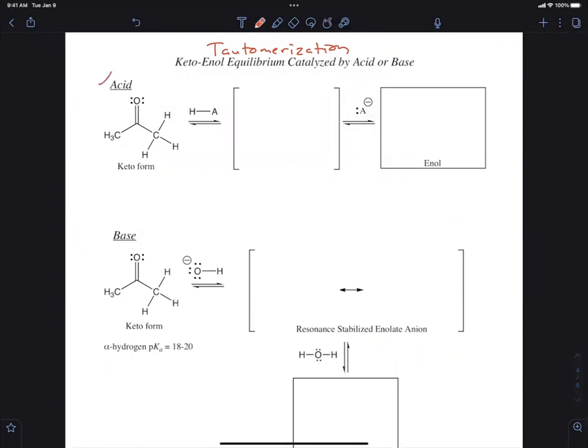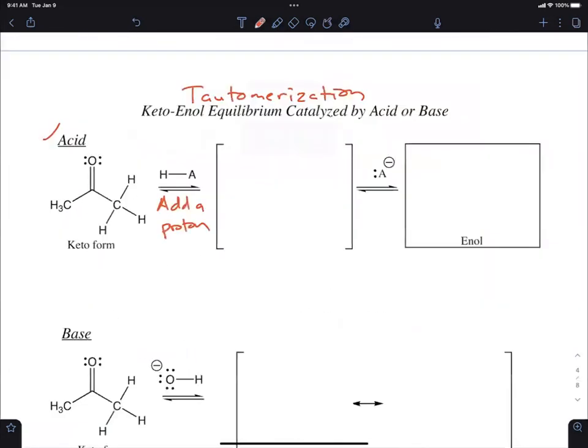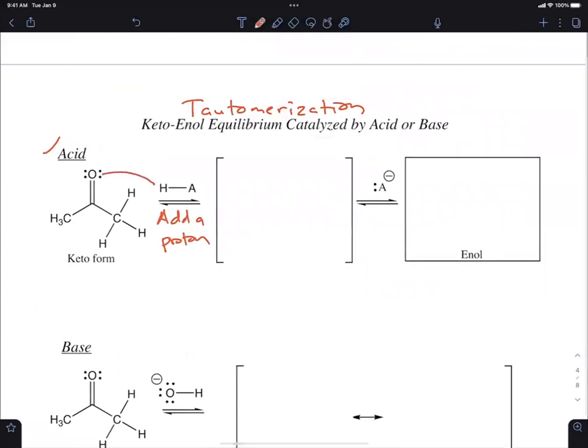Well, you're getting pretty familiar now with what happens when we have acid around a carbonyl. You know that what we're going to do is add a proton, and the place where we're going to add it is always going to be that carbonyl oxygen. That's going to generate the following positively charged intermediate.